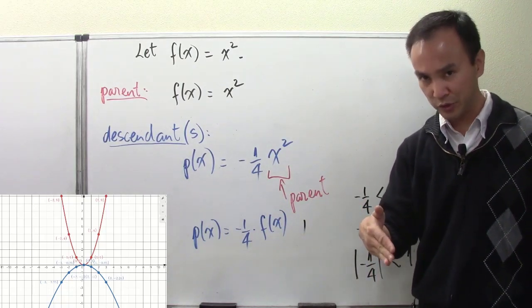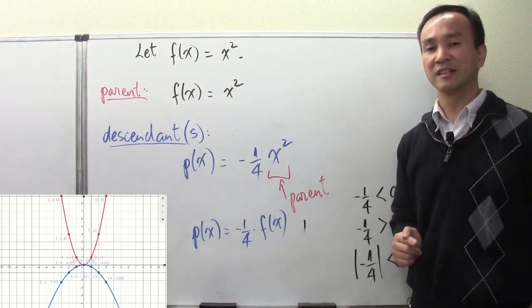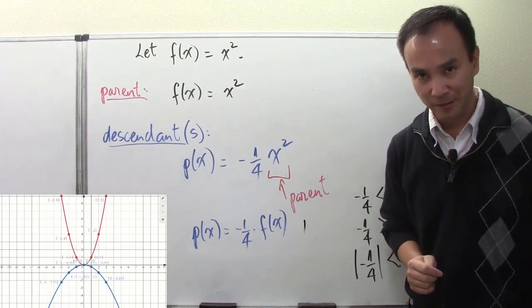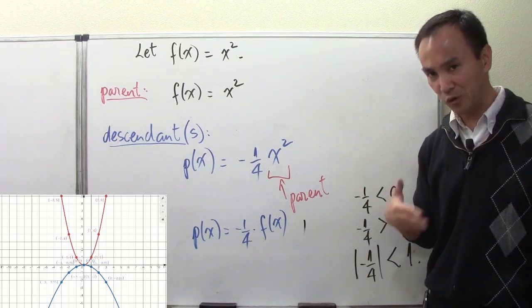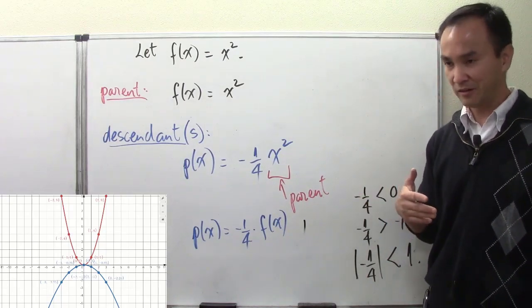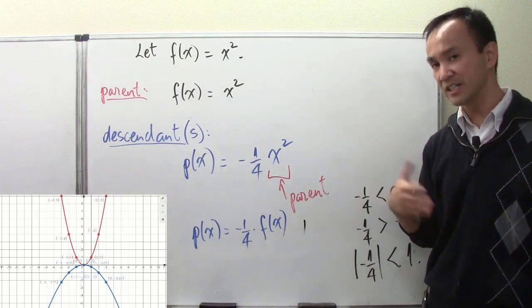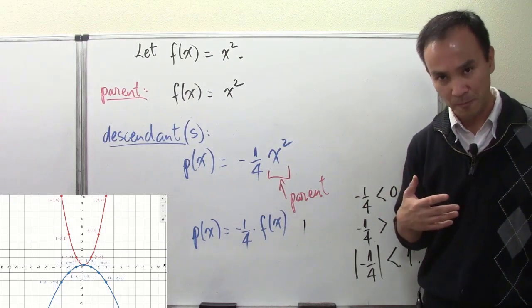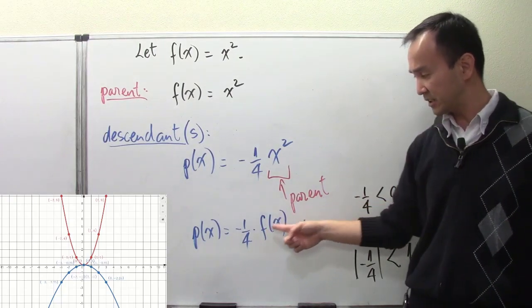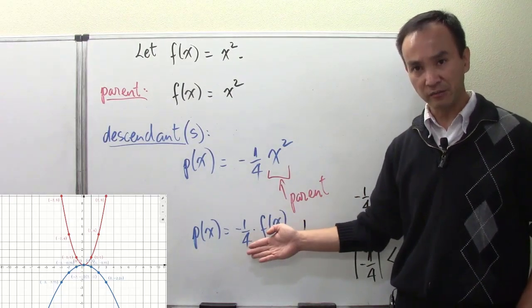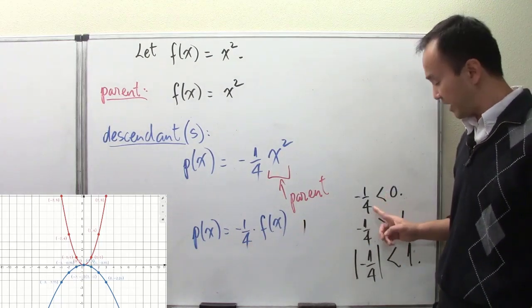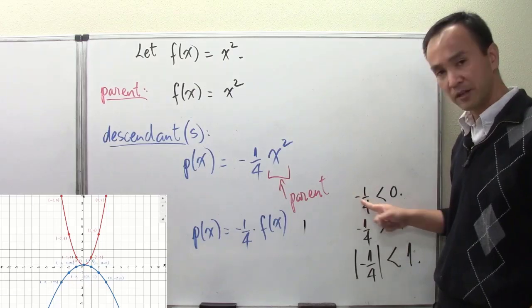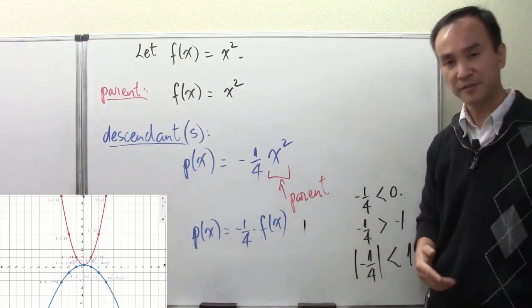I could have also used this term when we were looking at j of x earlier. As I'm going along with the lesson, you will pick up more and more terms that other professors are using as well. So you can think of this as a reflection of the parent function through the x-axis, but anytime your coefficient is negative, it's being flipped downward.